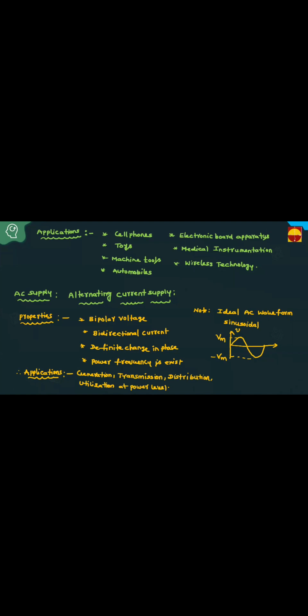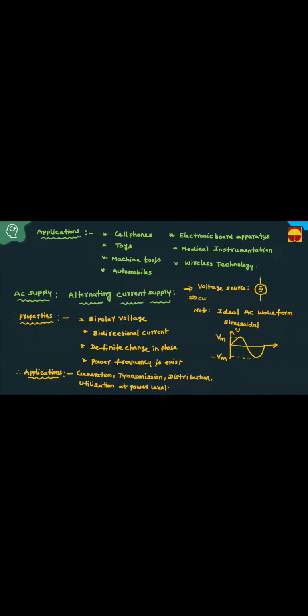But how do we represent voltage sources and current sources in AC supply? In AC supply, the voltage source is represented like this, with plus and minus. Then how to represent the current source?